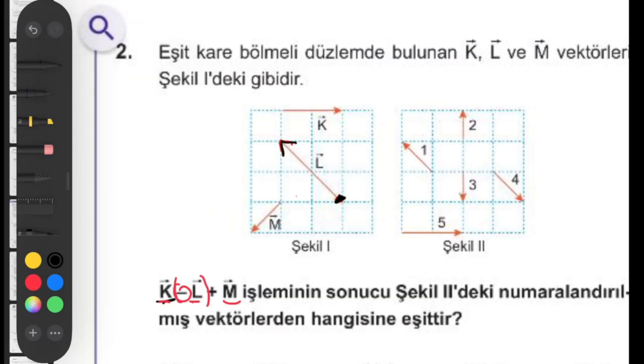So I want to add the K. You can carry this vector to here. Everything's going to be the same, and you can carry the M here.